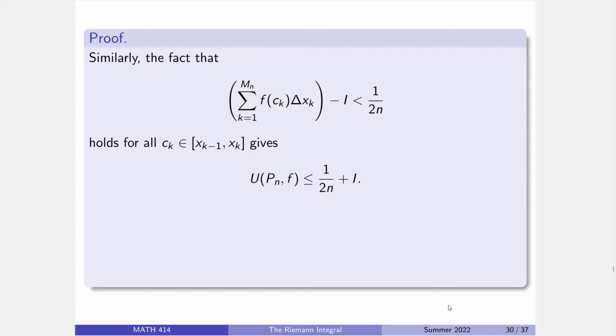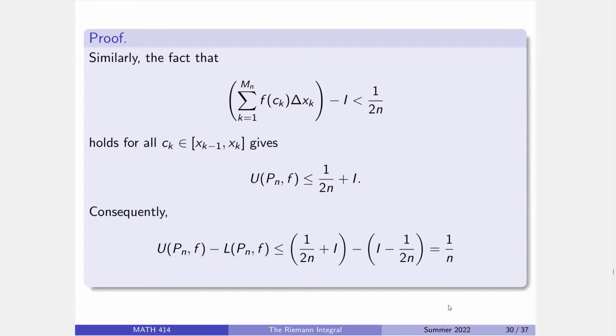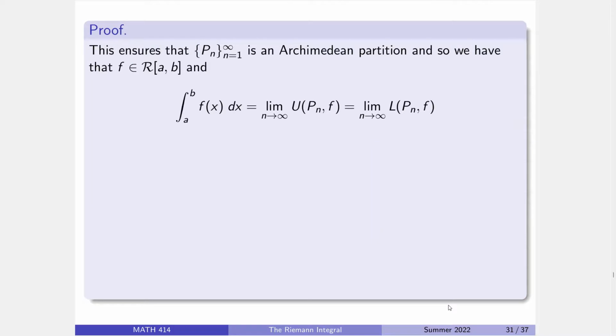Likewise, we can do the same thing with the upper Darboux sum and get that it is less than or equal to 1 over 2 to the n plus I, which then means, bada bing, bada boom, I've got an Archimedean partition. So I have an Archimedean partition, which means that we must be Riemann integrable, and our Riemann integral is equal to the limit of those.